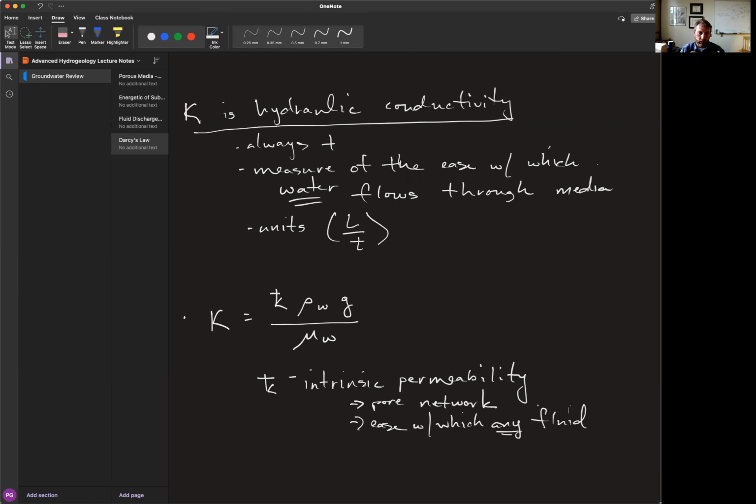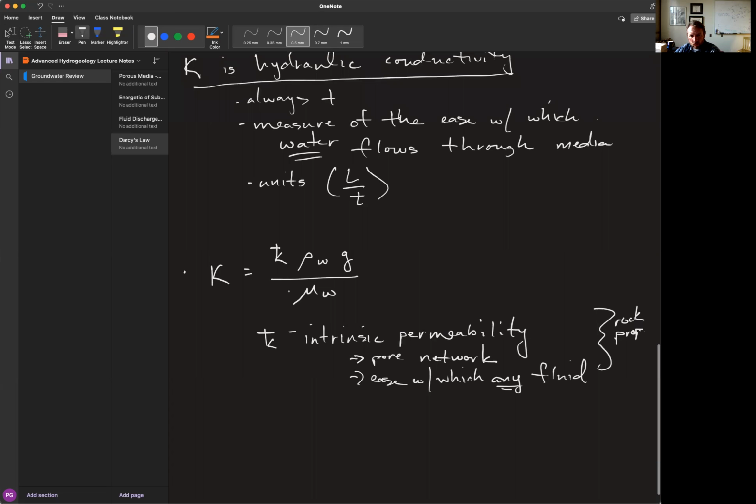How well are they connected? It is only a property of the rock. So this is a rock property.